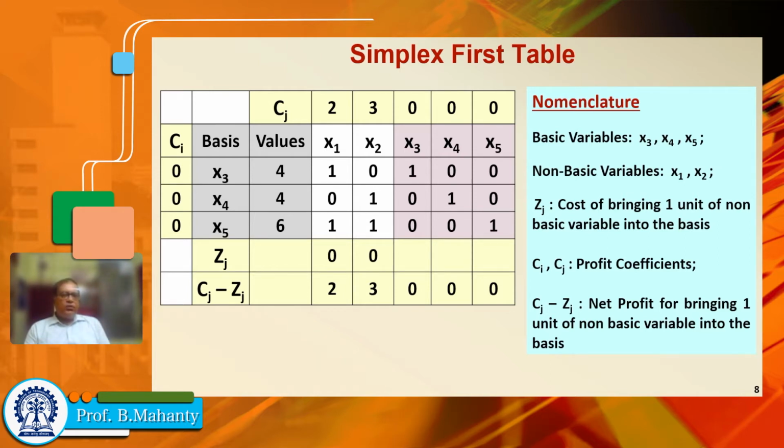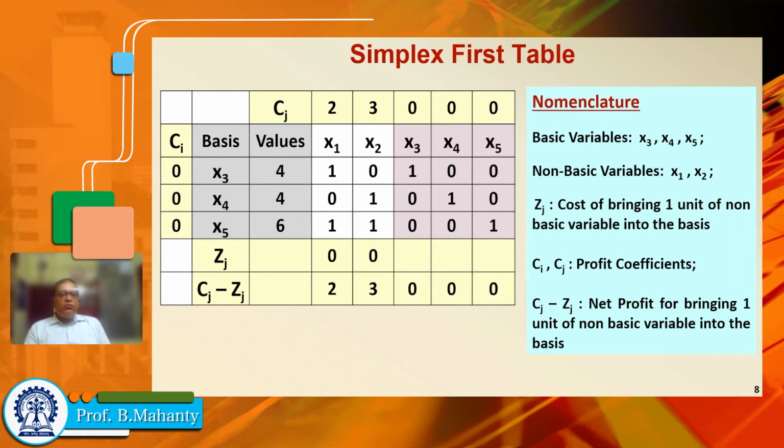That is what is shown by the first simplex table. Now, suppose you make x1 equal to 1. If x1 is equal to 1, x2 remains 0, then what should be the value of x3, x4, and x5? Because you have already made 1 unit of x1, that would require 1 unit of x3, 0 unit of x4, and 1 unit of x5.